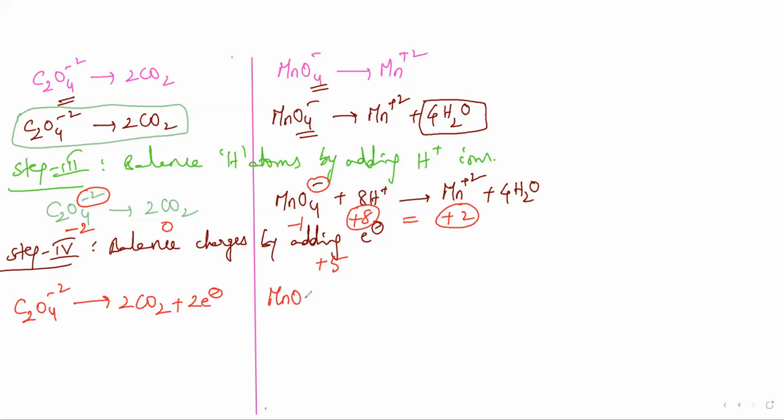If it is a positive charge, then add electrons on the same side. Here only add electrons. Now we balance the charges by adding electrons.